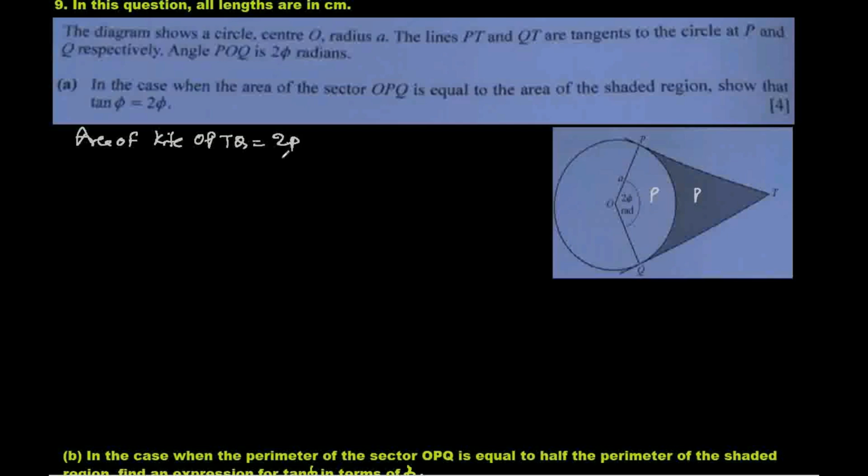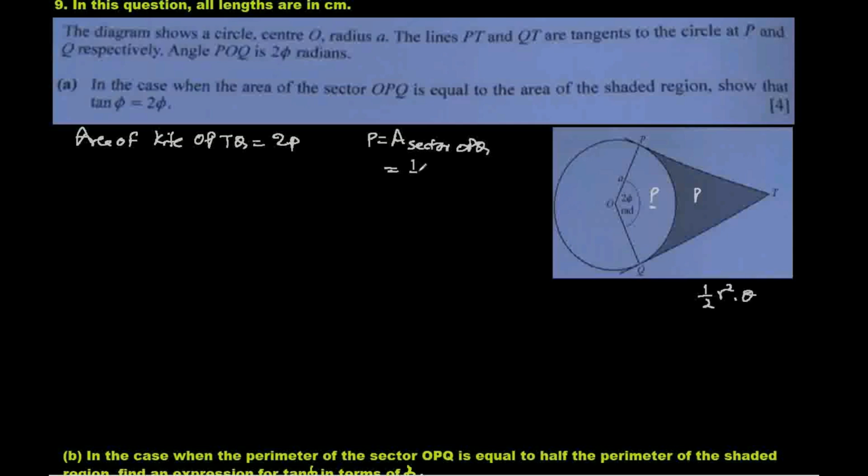So let's find P first. We know easily that the area of the sector is easy to find out, so we'll take P equal to the area of the sector, and the sector is OPQ. What is that area? We know the formula for the area of a sector is half r square theta.